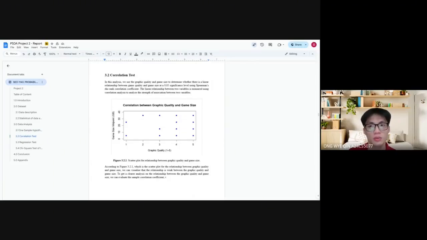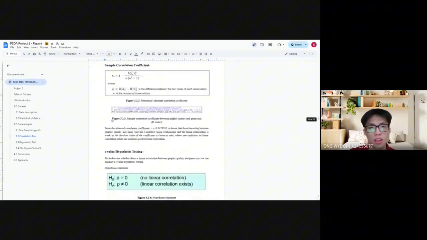To achieve this, we use the Spearman rank correlation coefficient method, which helps us measure whether two variables tend to move together. First, we look at the scatter plot, and visually it didn't show a strong pattern, which hints that there might be only a weak relationship between these two variables.